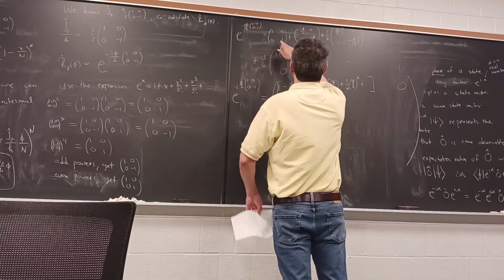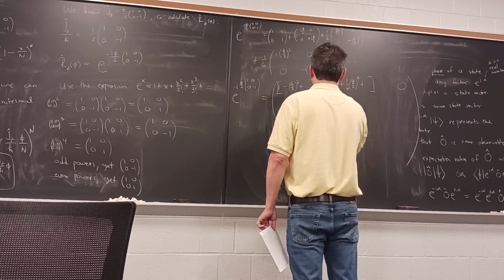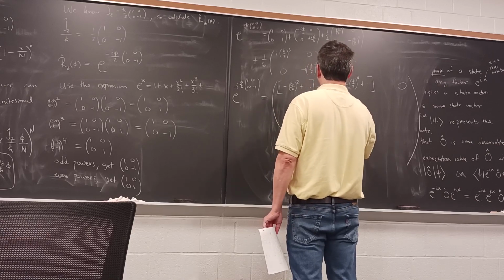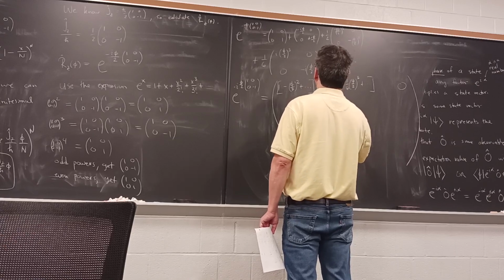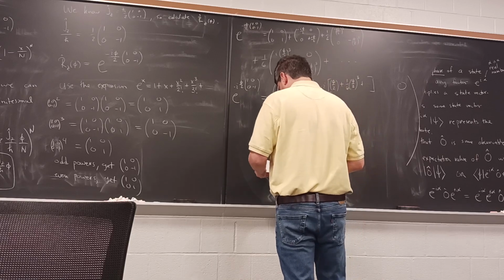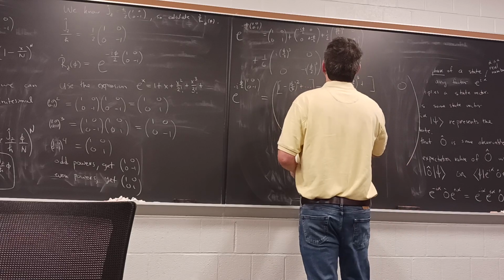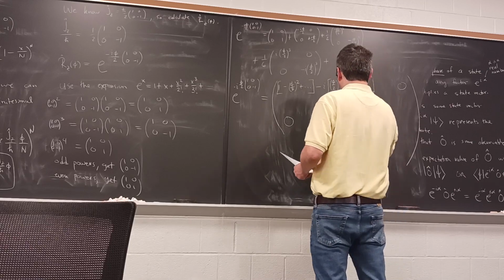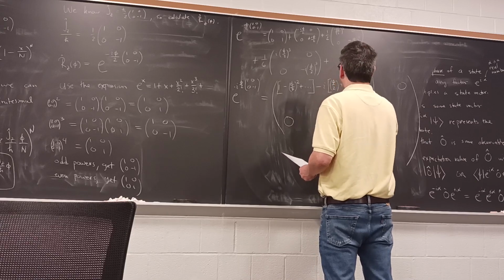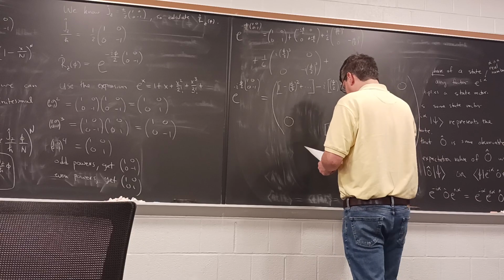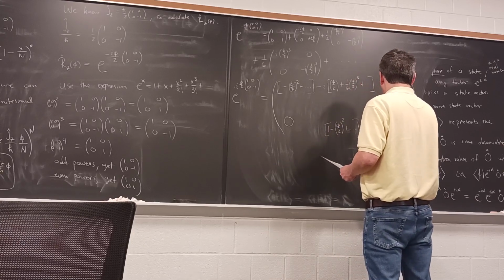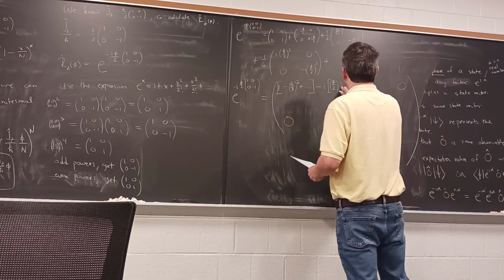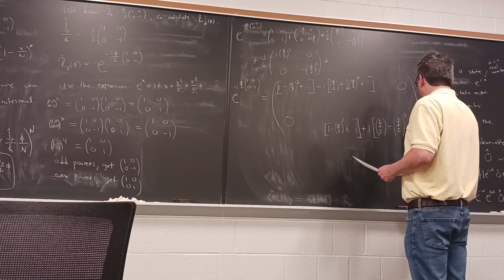And then we'll have a 0 here, and then on the bottom half here, we'll have 1 plus, let's see, this has to be minus phi over 2 squared, and then we'll have a plus cubed plus dot dot dot.